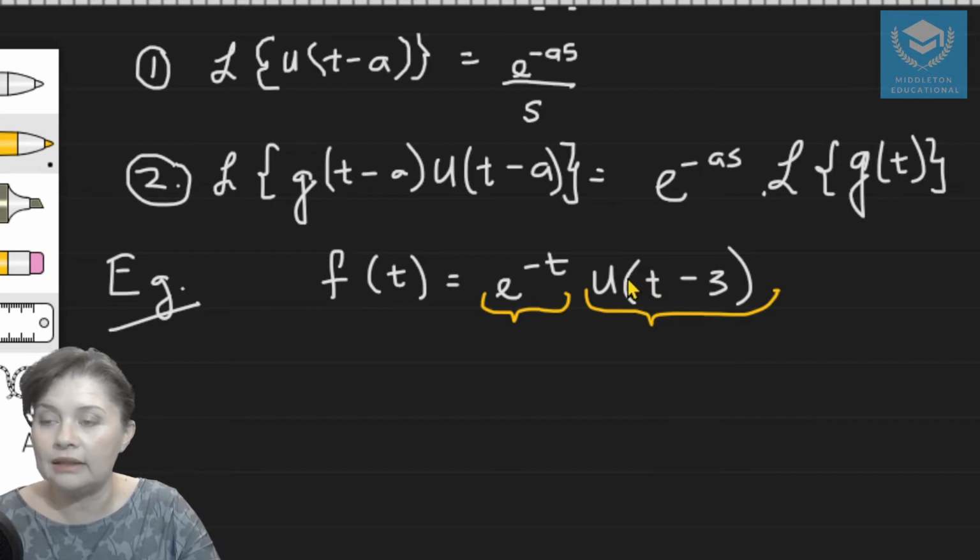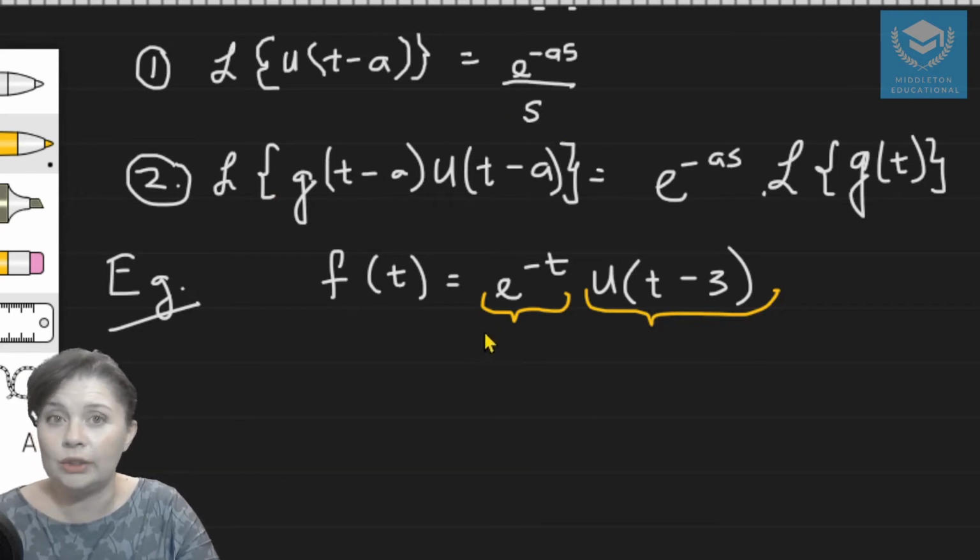If you compare that to the shifting theorems, you can see that you can't use the first one because the first one only has the Heaviside step function in it. It doesn't have any function in front of it. You would have to use the second one because here you have a function times the Heaviside step function.